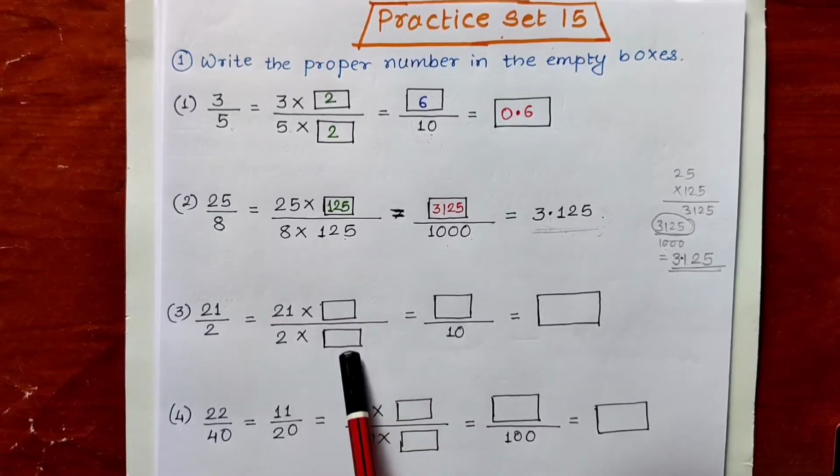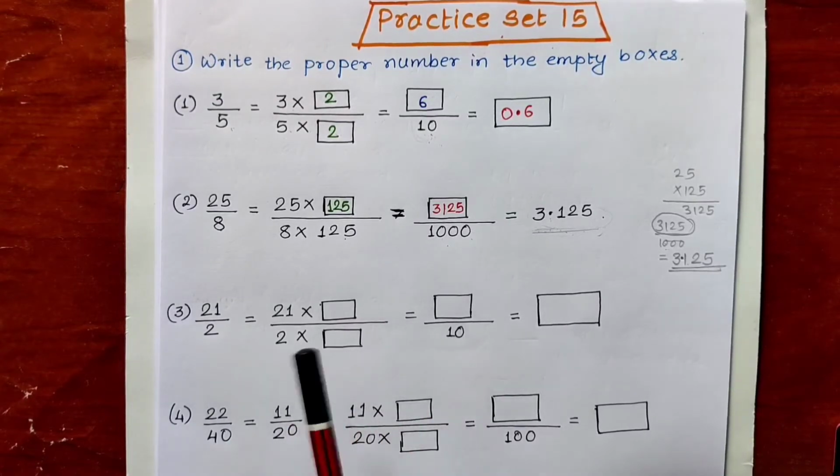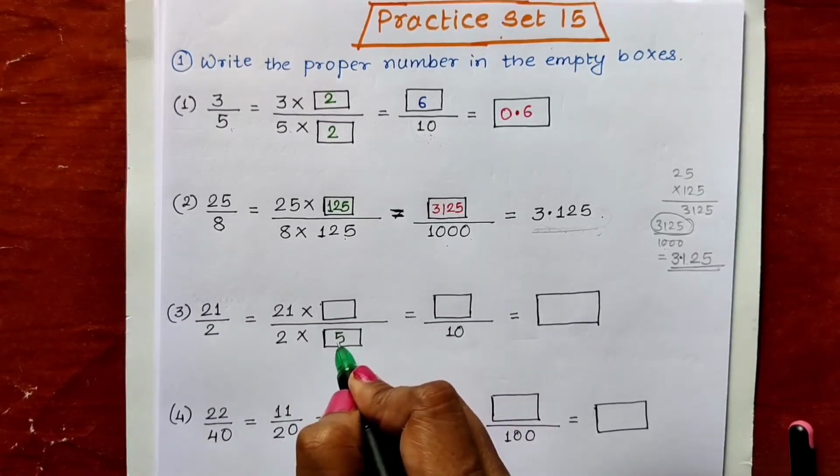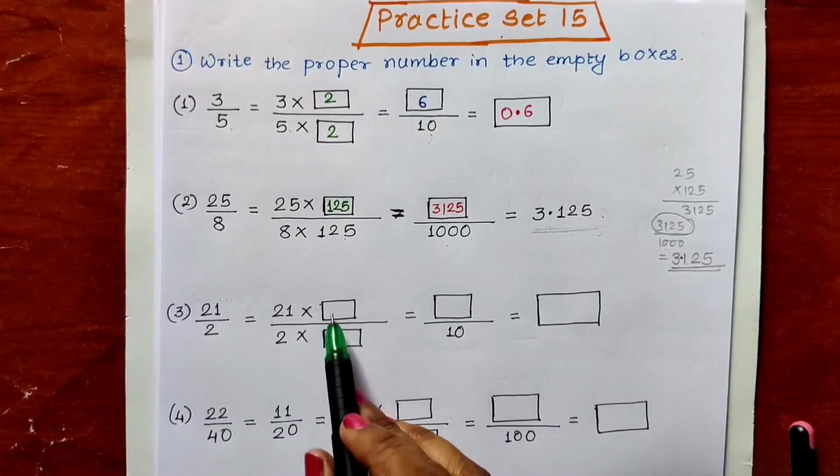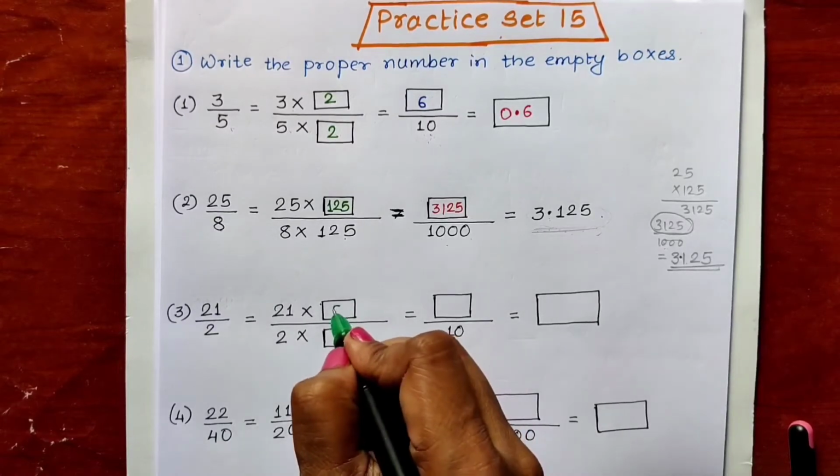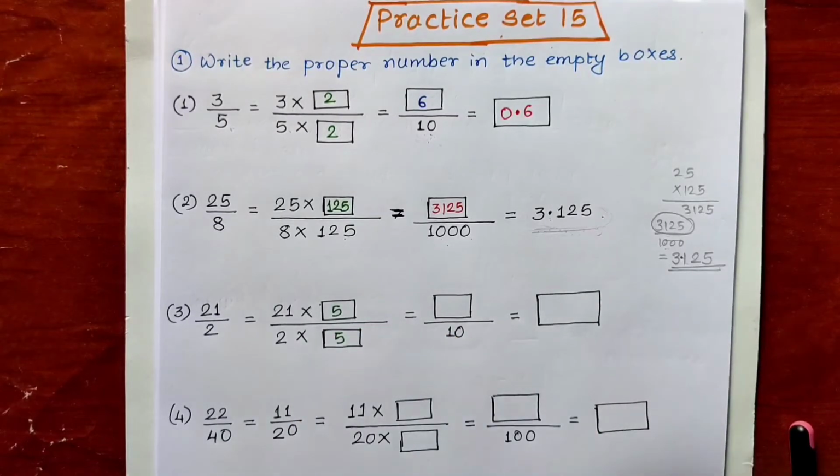So 2 multiplied by what? The answer is 10. 2 multiplied by 5. We all know 2 5s are 10. So as we are multiplying 2 by 5, we have to multiply 21 also by 5. Correct? And then we have to write the answer of the multiplication in the next box.